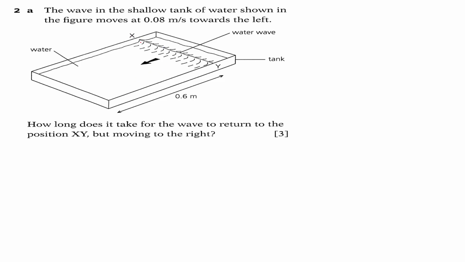It starts from this position XY. If you know the speed of this wave is 0.08 meter per second, how long will it take to move in this direction and then go back?